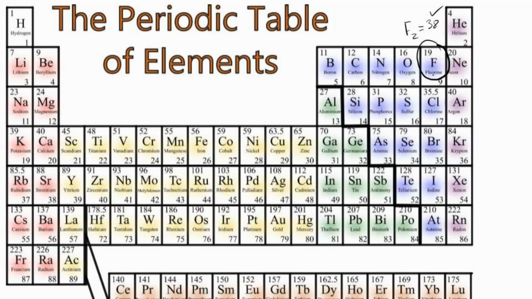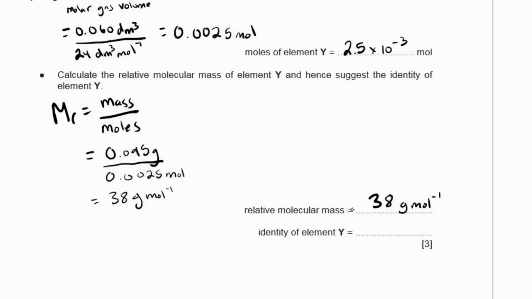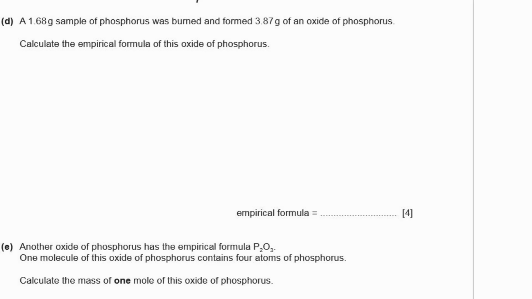Check. We also know that it's a gaseous element, and we know that fluorine is a gas at room temperature, so that's also check. So fluorine is the answer they're looking for. So the identity of element Y is fluorine. Good. All right, fantastic.